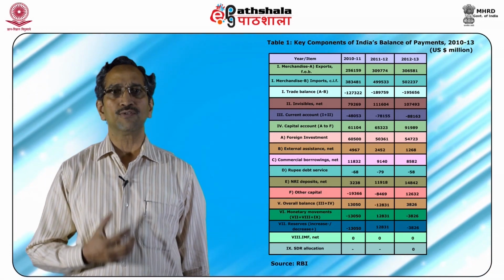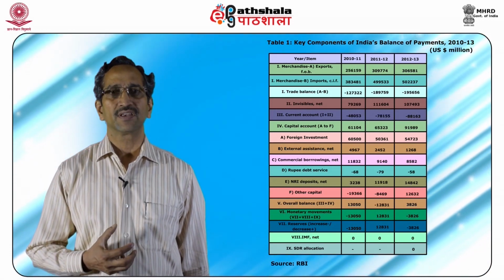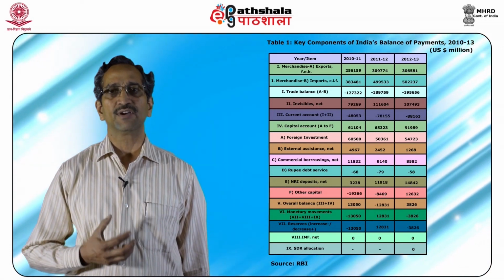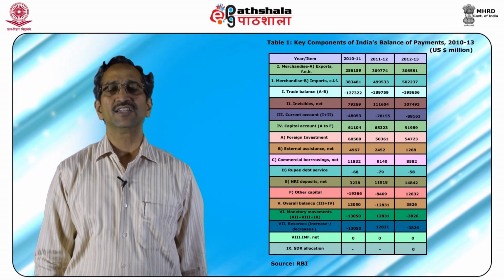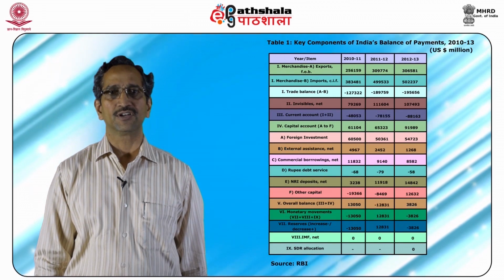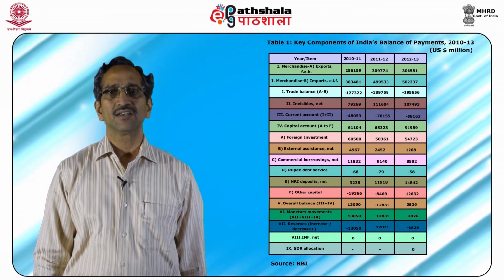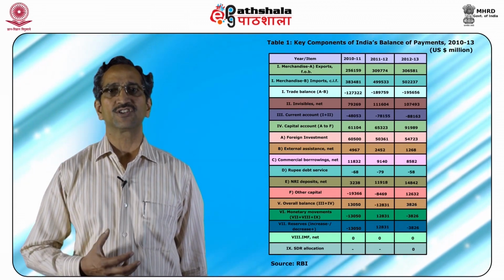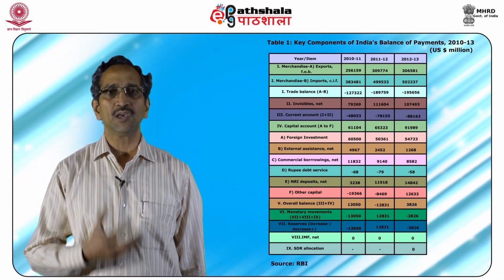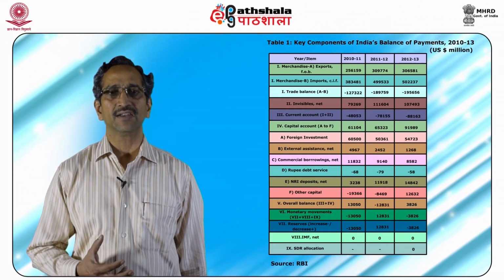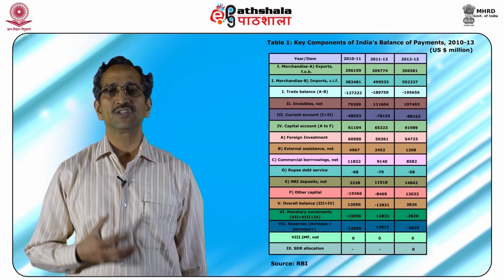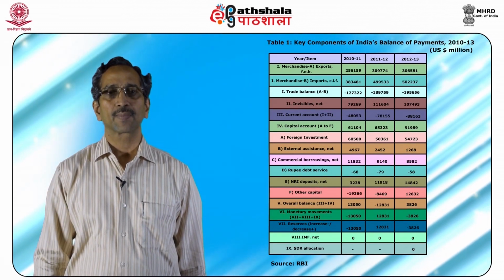The positive overall balance has resulted in 2010-11 and 12-13 as capital account surplus exceeds current account deficit. As a result, there is an increase in the foreign exchange reserves by the same amount, which is shown by a negative sign in reserves, which is item 7 in the table.